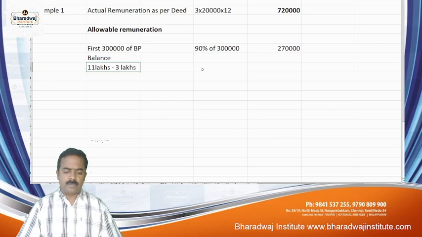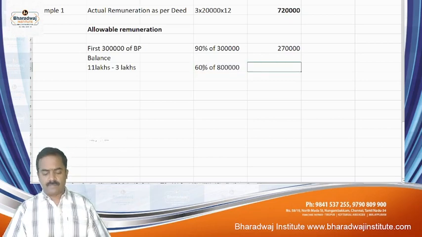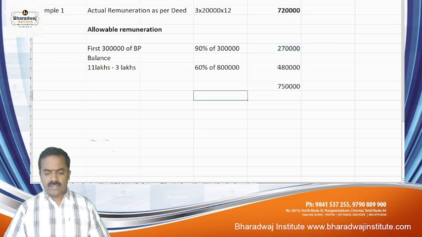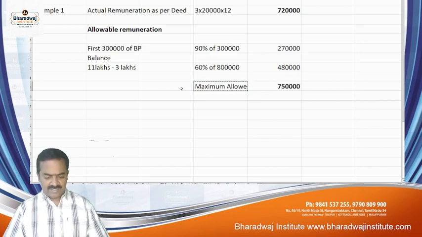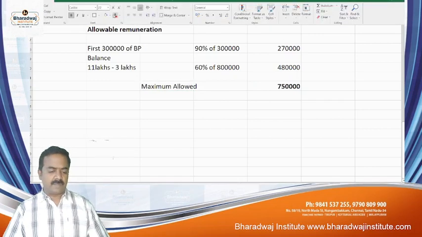On the balance of book profit, how much is the balance? 60% of 8 lakhs. How much will it be? 4,80,000. So what is the total? 2,70,000 plus 4,80,000. This is the maximum allowed. Now wait. In the examination, they will ask you how much can be claimed as an expense.